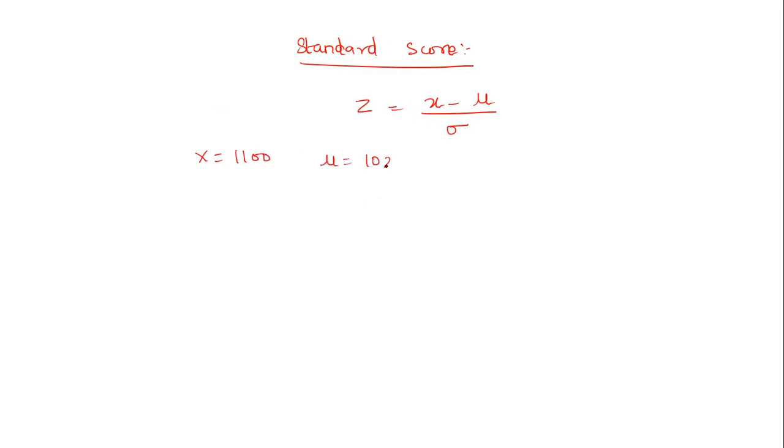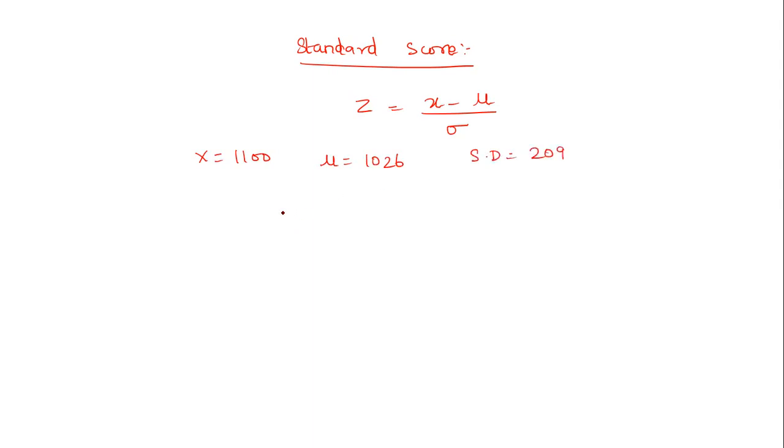The next one we'll discuss is the standard score, and how to calculate it. The formula to calculate the standard score is Z, otherwise known as the Z score: X minus mu divided by sigma. Let's take a sample where X is 1100, the mean is 1026, and the standard deviation is 209.